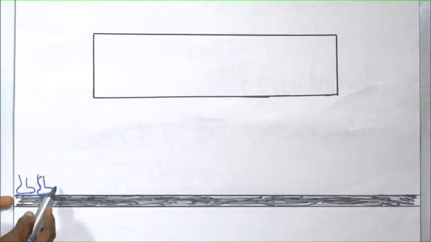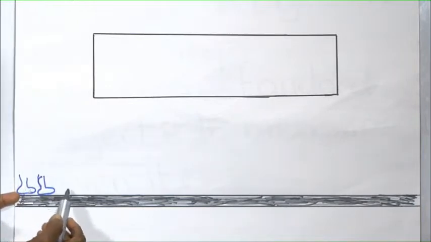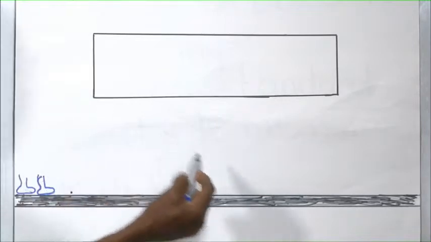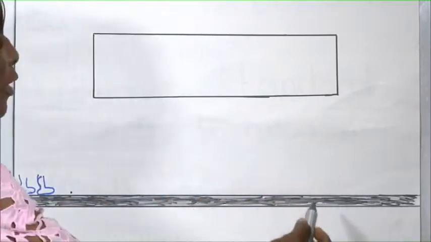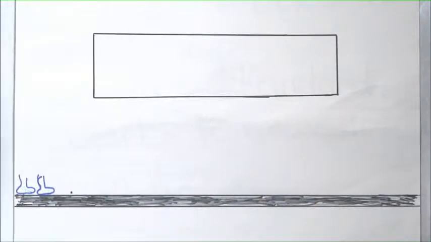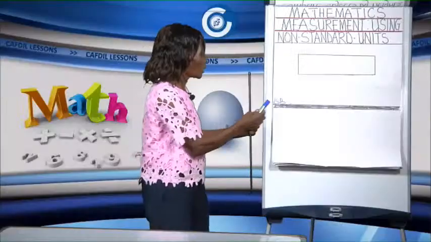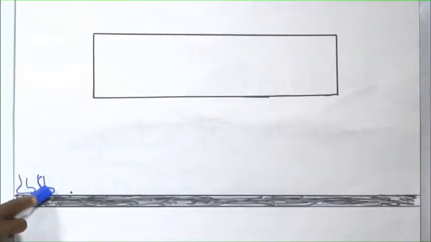When Kofi has measured this, he will move this leg this way. So as many times as Kofi walks on the lawn, he will be counting his footsteps. Now he's gotten 1, 2.